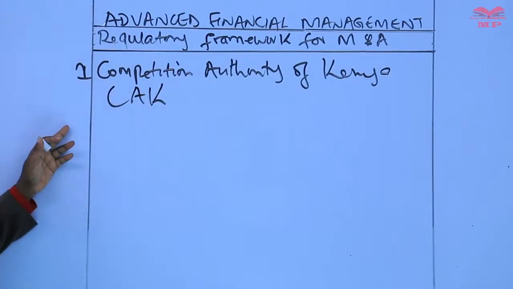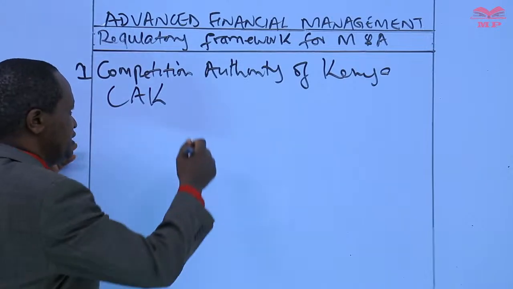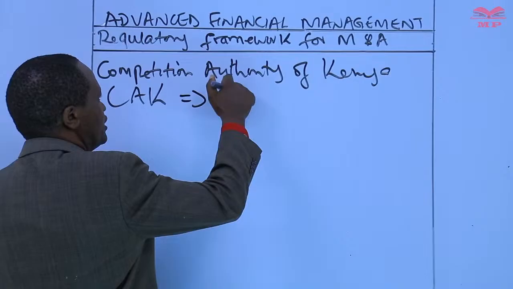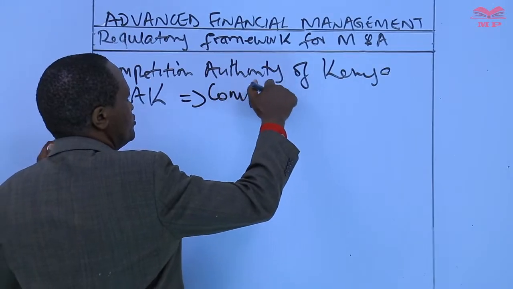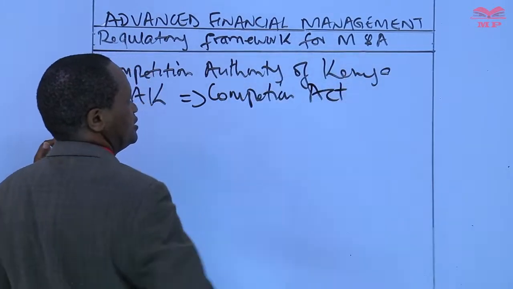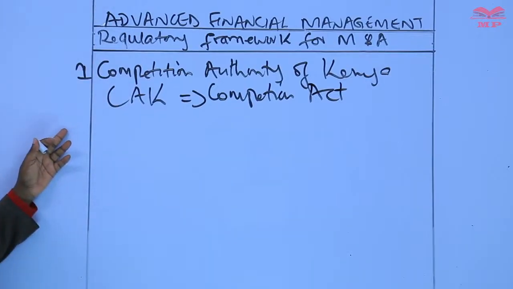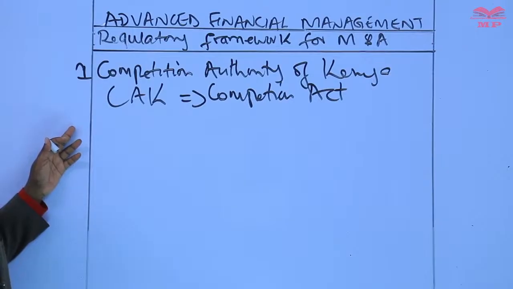is derived from the Competition Act. This is an act of parliament that stipulates that there ought to be a Competition Authority of Kenya, which has been in place since the year 2010.